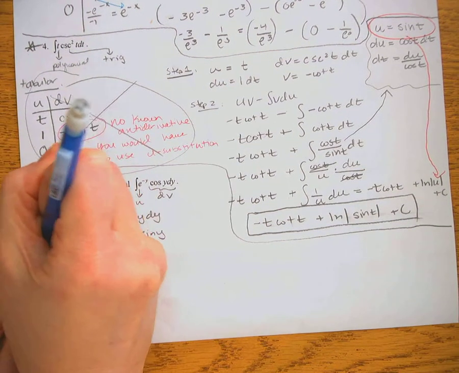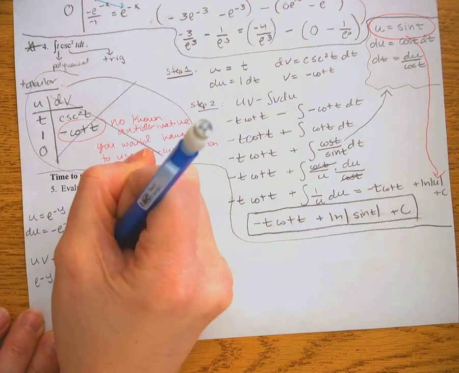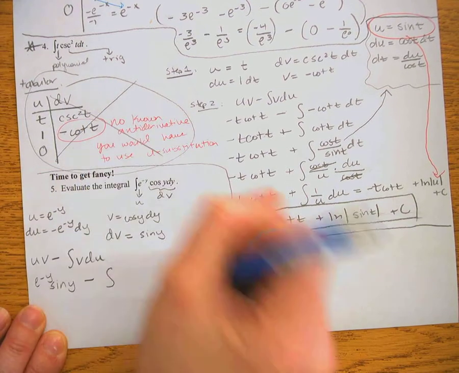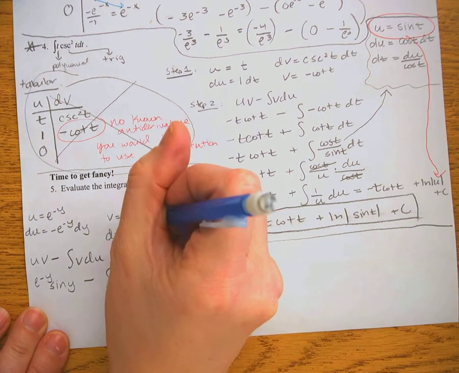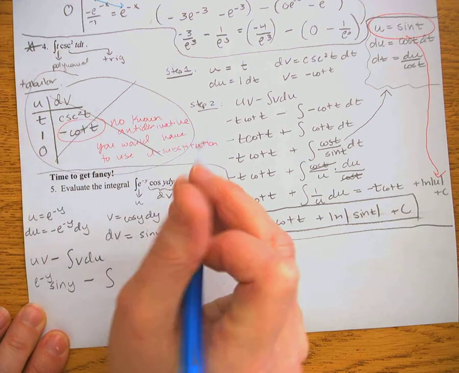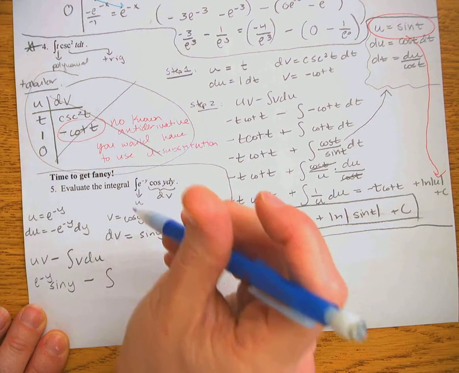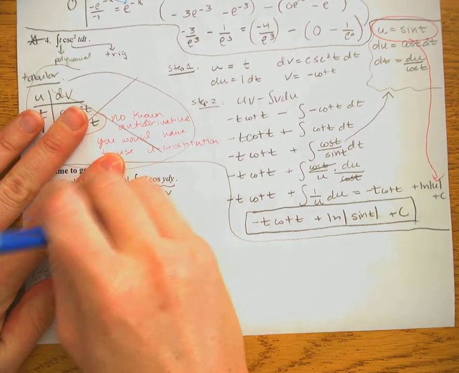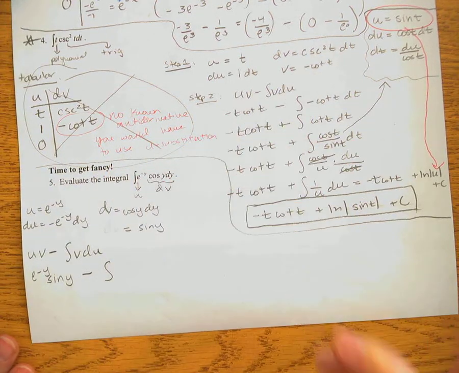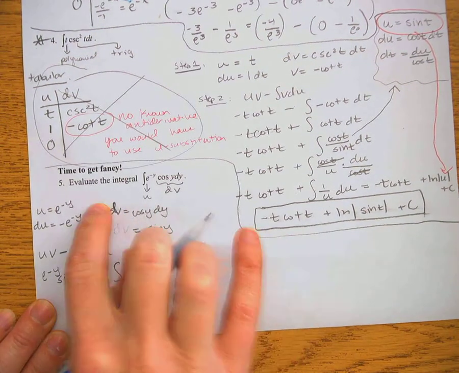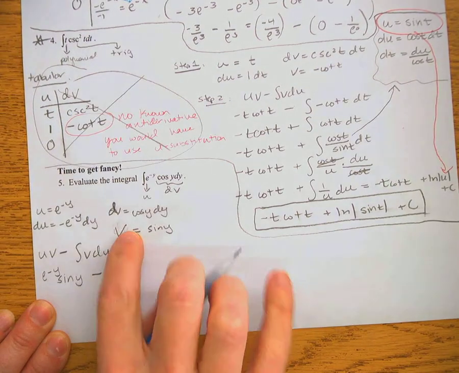So I get e to the negative y times sine y minus the integral of v du. Sorry. Oh, wait. I screwed this up. This should be dv right here. My bad. I apologize for the confusion. This should be the dv because this is the derivative of something, and then v is the antiderivative of dv.